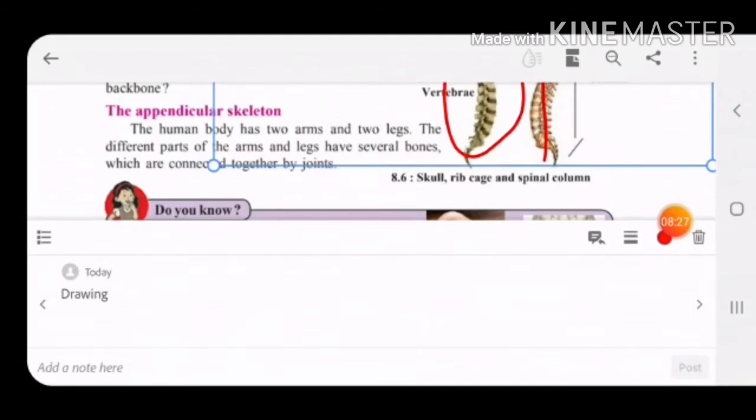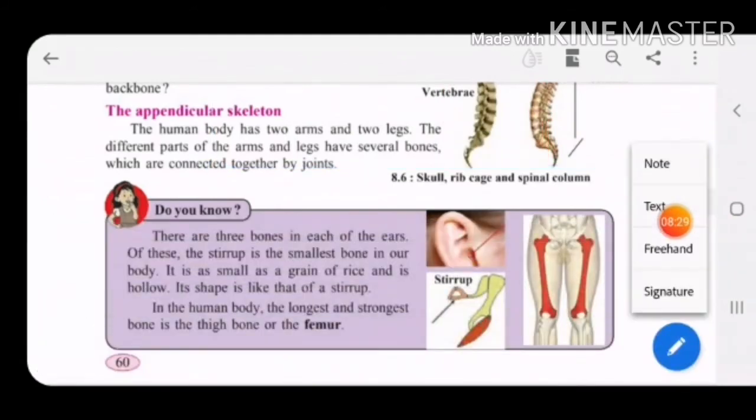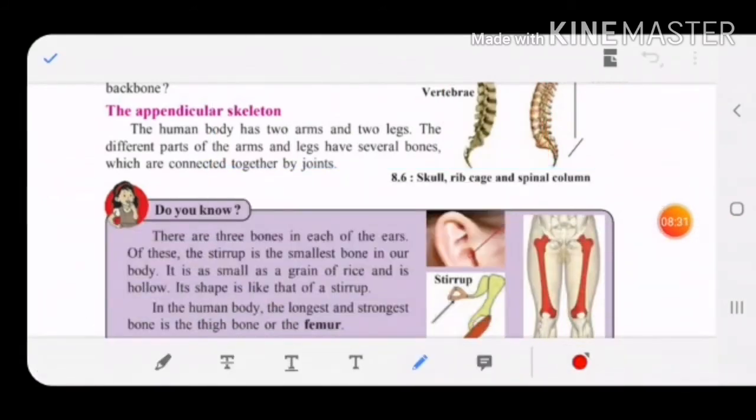Joints. Remember this. They are connected together by joints.